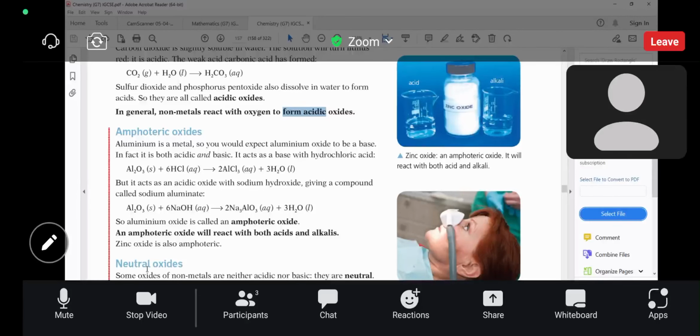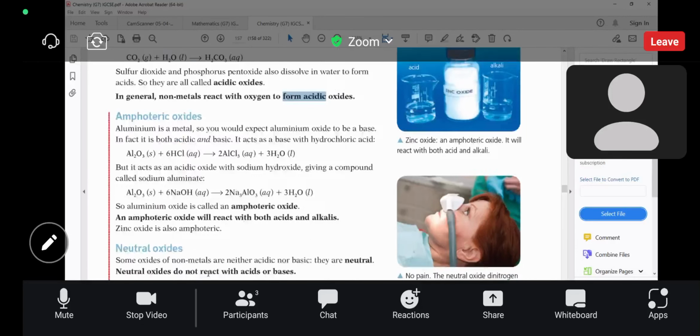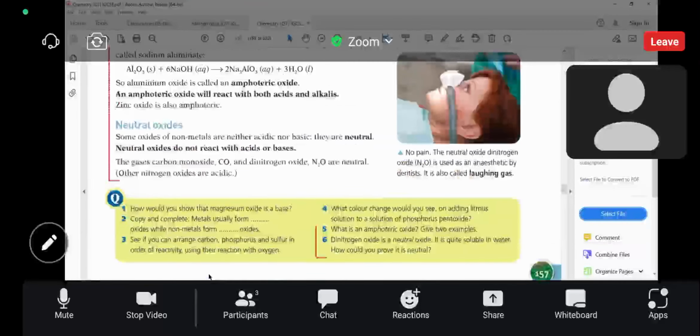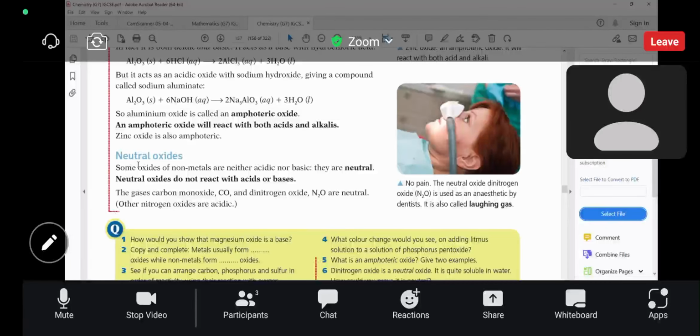The next one is neutral oxides. Neutral oxides of non-metals are neither acidic nor basic. For example, water.